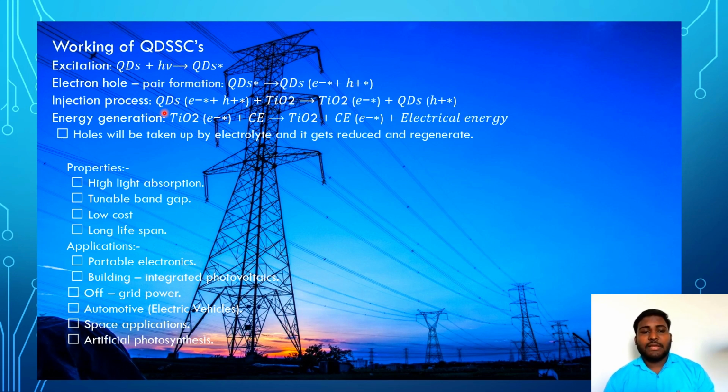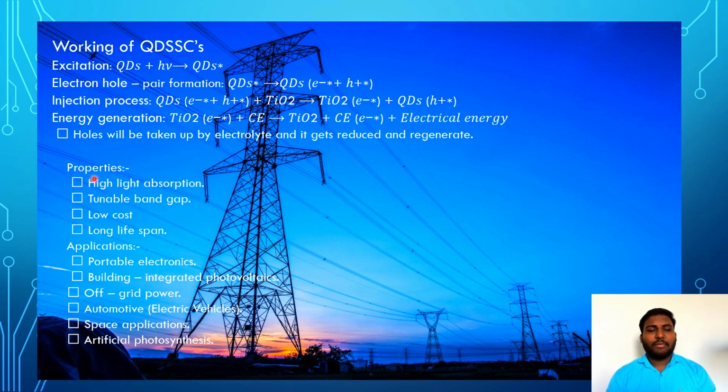Injection process: QD electron and hole pair plus TiO2 semiconductor gives semiconductor plus electron plus QD plus hole. Energy generation: semiconductor electron plus cathode electrode give rise to semiconductor plus cathode electrode plus electrical energy. Holes will be taken up by the electrolyte and it gets reduced and regenerated.